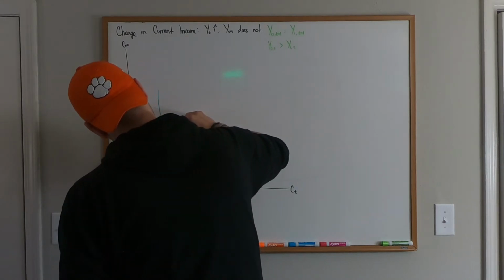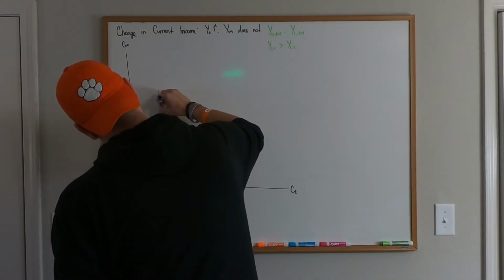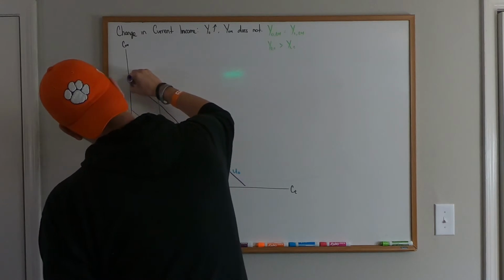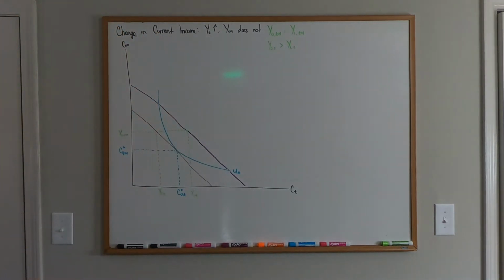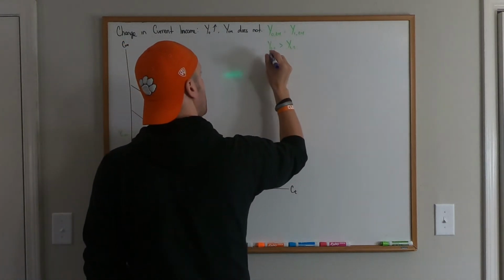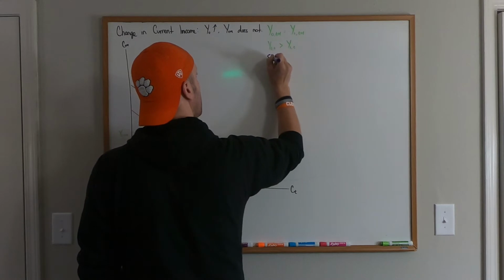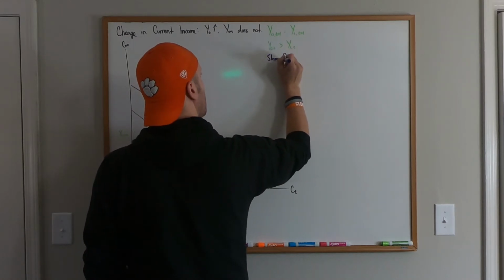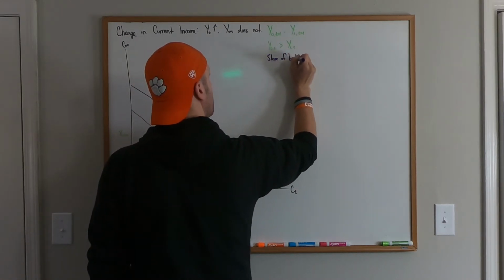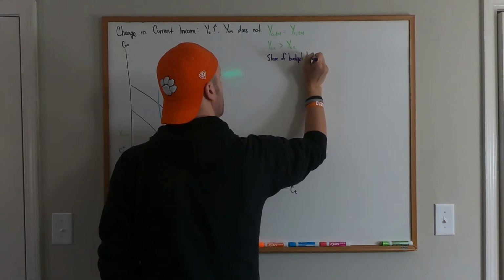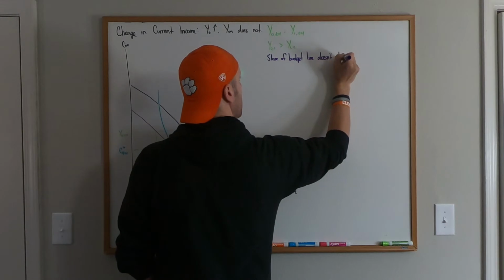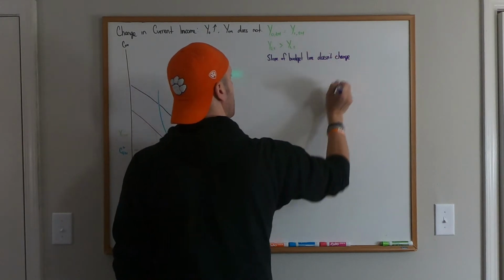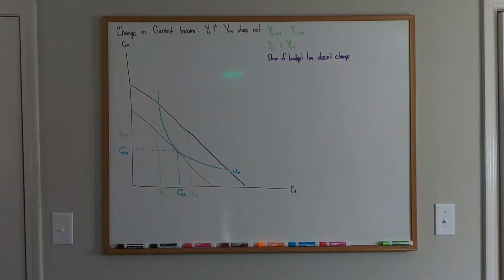However, the slope of that budget line doesn't change. It just shifts out horizontally.